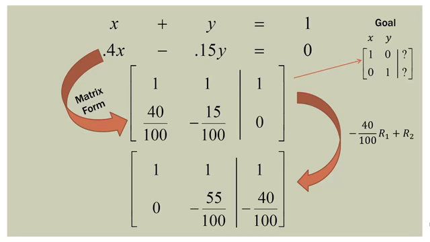So negative 40 over 100 times 1, that's negative 40 over 100, plus negative 15 over 100. Well, that equals negative 55 over 100. And that's there at the bottom. And then finally we have negative 40 over 100 times 1 up there in the upper right, plus 0 is negative 40 over 100.